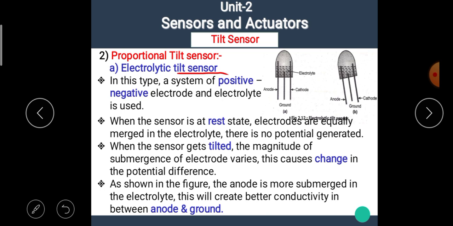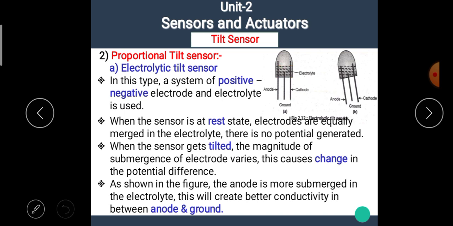In this type, a system of positive and negative electrodes and electrolyte is used, like a dry cell. Here we can see that there are two electrodes, anode and cathode, with ground, and the electrolyte is here. The anode and cathode are immersed in the electrolyte.